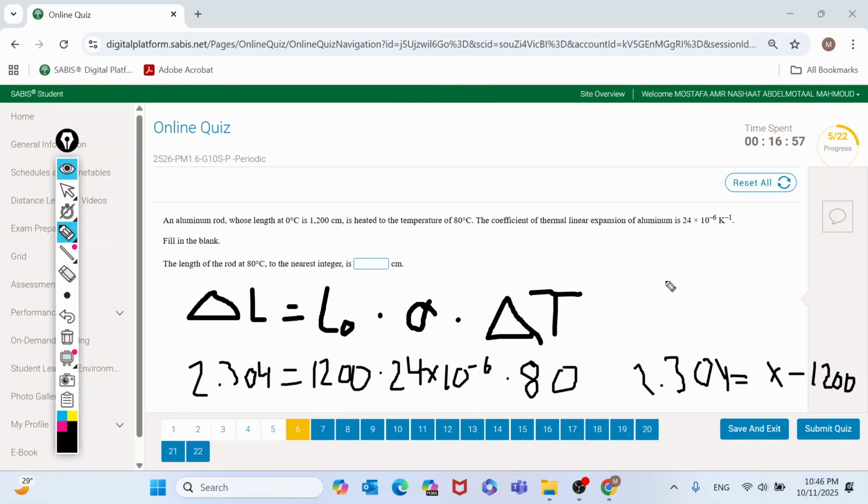If you put this on your calculator, you're gonna get X equals 1202.304, and they want it to the nearest integer. The answer is just going to be 1202.